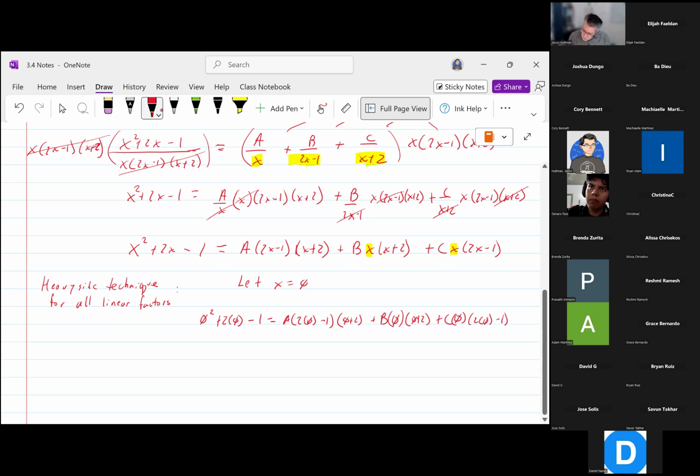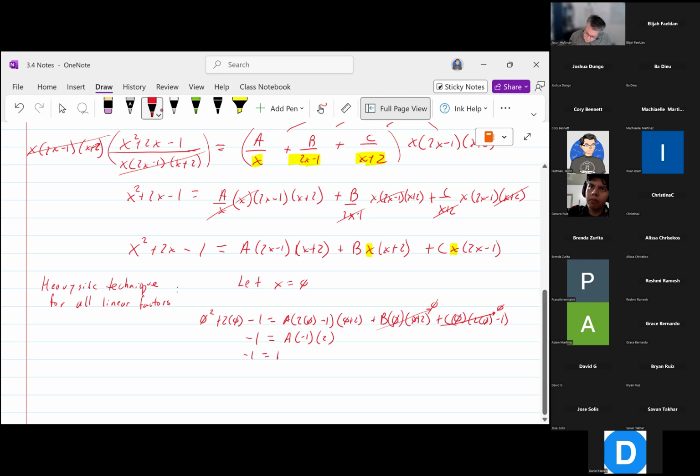Okay. So notice that the b times 0 is just 0. So the b term goes away. The c term also becomes 0. On the left side, we just get a negative 1. On the right side, we get a 0 minus 1. So that's a times negative 1. And a 0 plus 2 is 2.